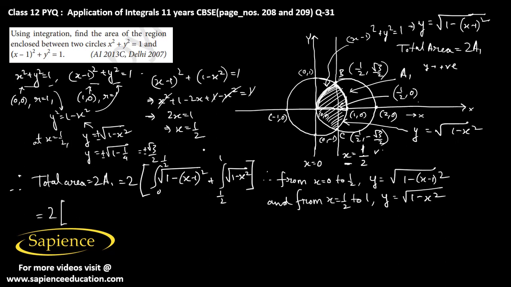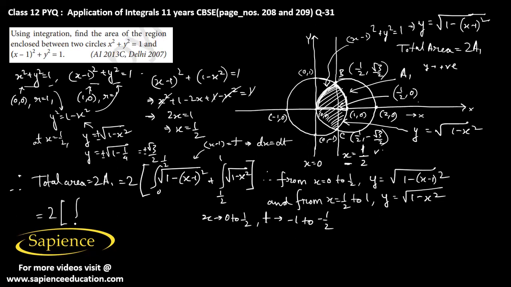Now here we can make a substitution, that is x minus 1 equal to t. Then dx will be equal to dt, and since x is going from 0 to half, t will go from 0 minus 1, so from minus 1 to half minus 1, that is minus half.